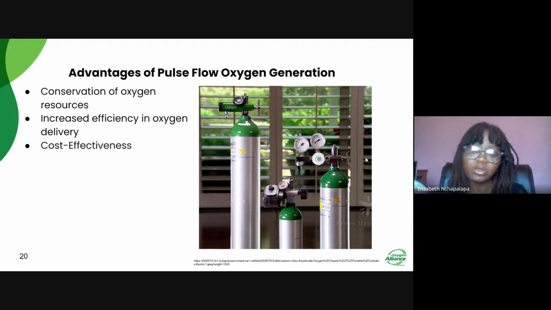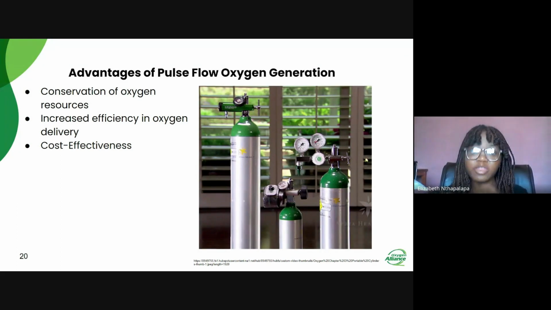As I talked earlier about the oxygen conservers that are used on the oxygen cylinders, we are having the conservation of oxygen resources, as now there's no oxygen wastage, as each and every percentage of oxygen delivered to the patient is used in the right time of inhalation, as during exhalation we're not supplying any oxygen which can be wasted during that process.